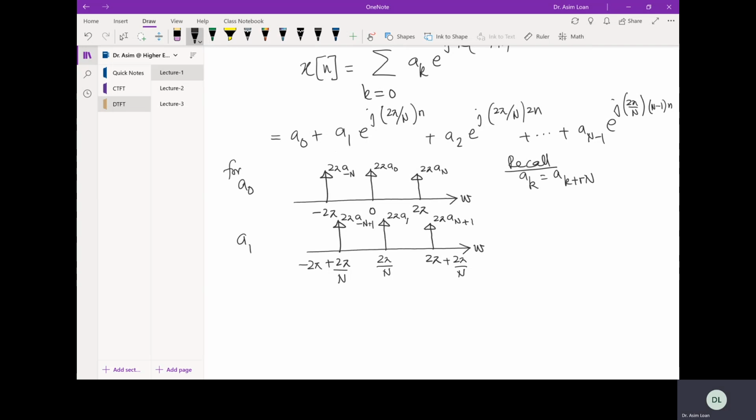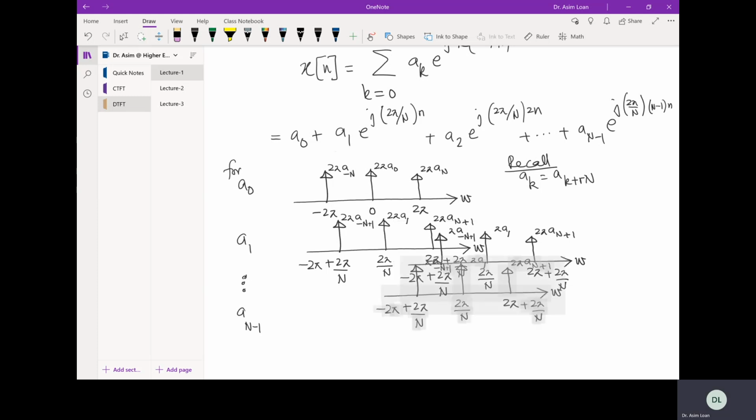What about a of n minus 1? Again, for a of n minus 1, let me see. Copy and paste.